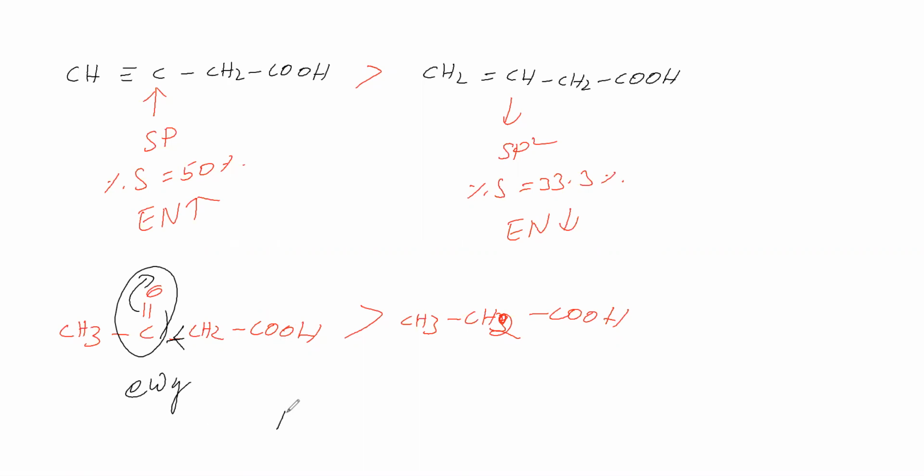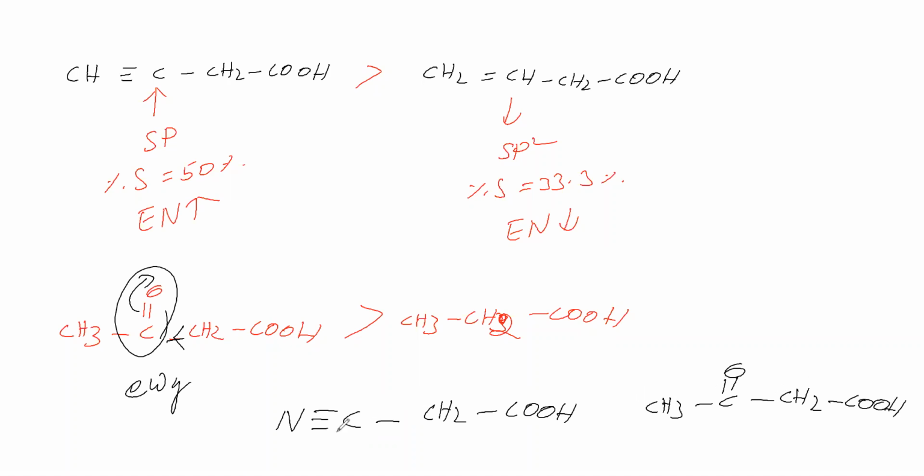Next we will take a cyanide, CH2COOH, this carboxylic acid. Another carboxylic acid we will take with a ketone, CH2COOH. Okay, we have taken the cyanide here and the ketone here. Now, how is the acidic strength?